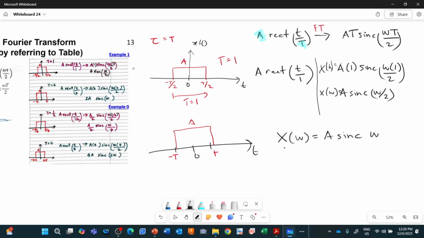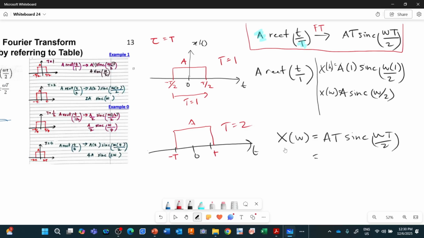Omega. Refer to the original equation. What is it? This one, right? Oh, sorry. You have AT, right? I forgot about that. So I'm going to write the full equation: AT sinc(omega T over 2). So what's the T value over here? T equal to 2.